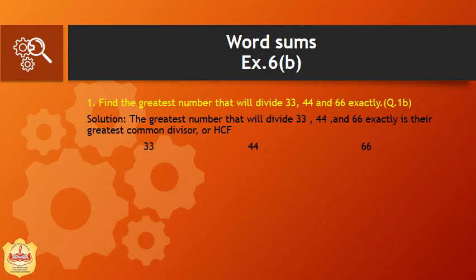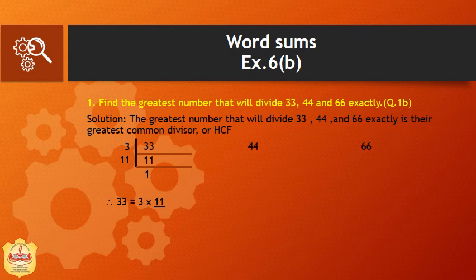And when we divide 33 by 3, what will be the quotient? It will be 11. Now children, 11 can be divided fully, exactly by 11. So we will divide 11 by 11. And what will be the answer? The answer or quotient will be 1. So this way, the factors of 33 are 3 and 11.